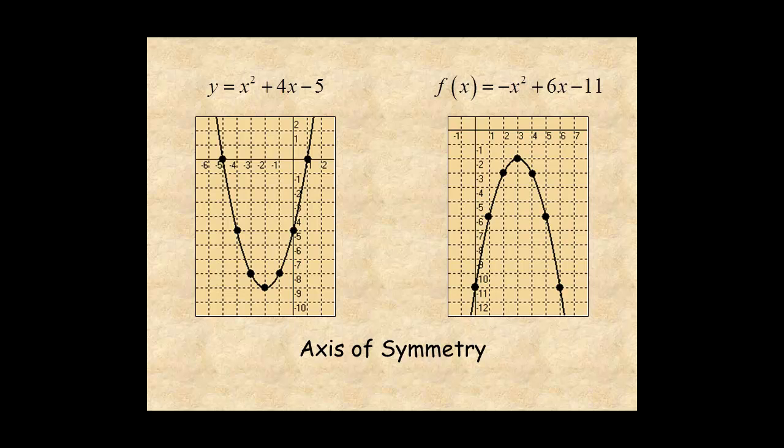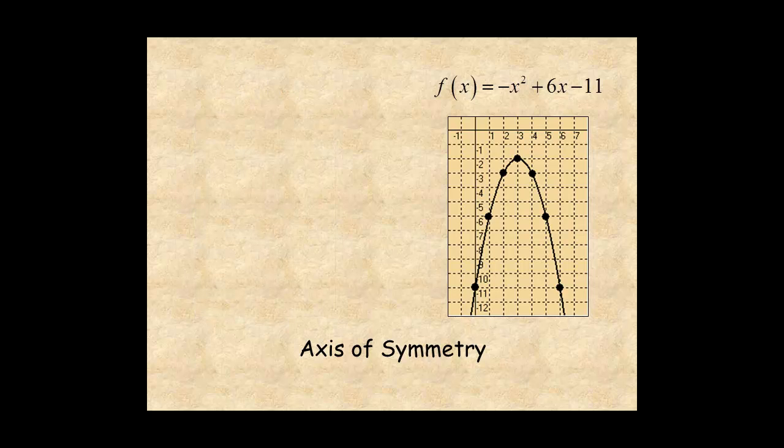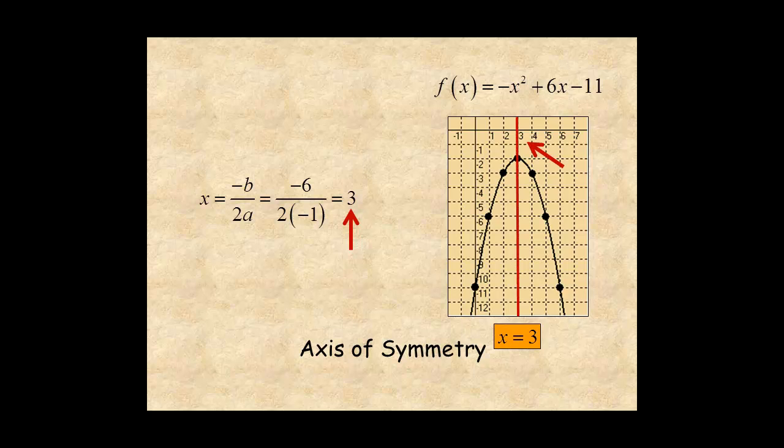For the function on the right, x equals negative b over 2a is negative 6 over 2 times negative 1, which is equal to 3. And you can see this is the vertical line x equals 3. You'll learn more about the formula for the axis of symmetry in a later lesson.